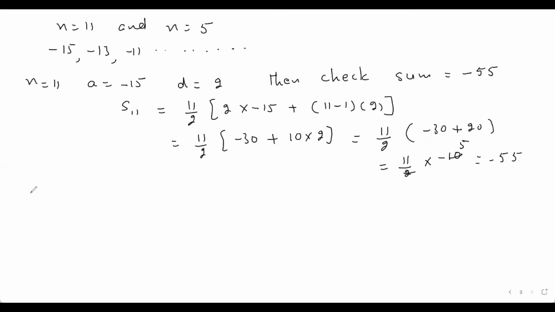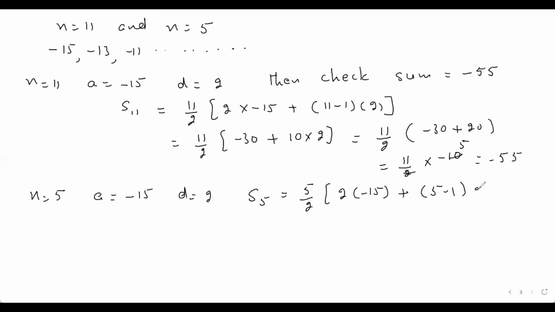Now we will check n is equal to 5, a is equal to minus 15, and d is equal to 2. Then the sum of 5 terms is again minus 55. How will you do it? S5 is equal to 5 by 2 into (2 into a, which is minus 15, plus (5 minus 1) into d, which is 2).